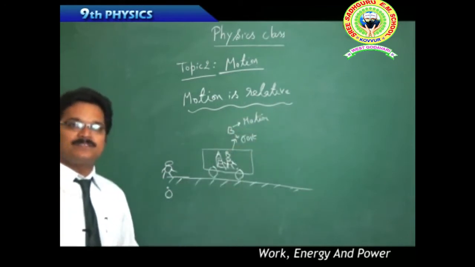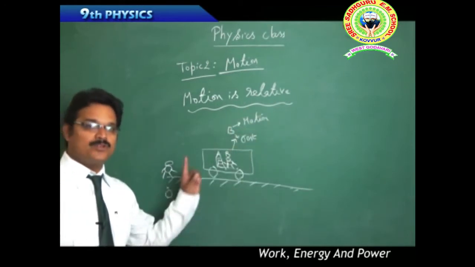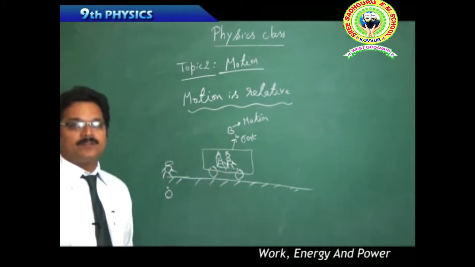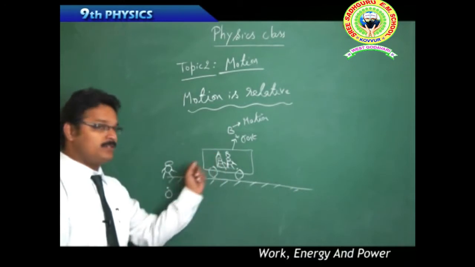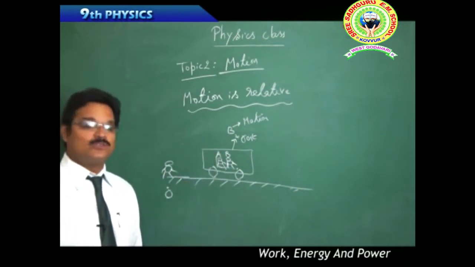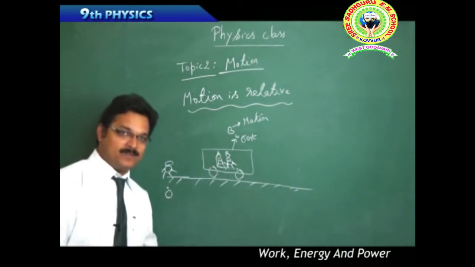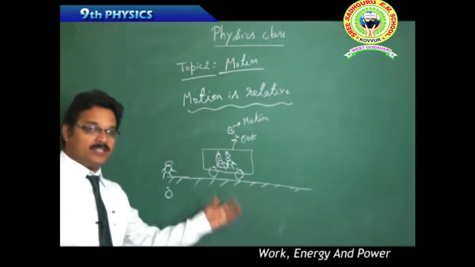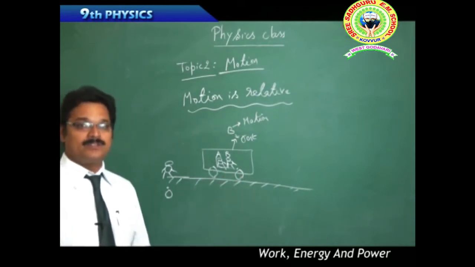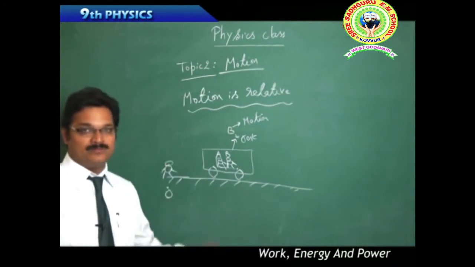So then who is correct? Both are correct, because motion depends upon the observer. Motion depends upon the frame of reference. Motion depends upon the point of reference. So according to one observer, maybe the body is in motion, but according to another observer, the body is at rest. So in this way, motion is relative.